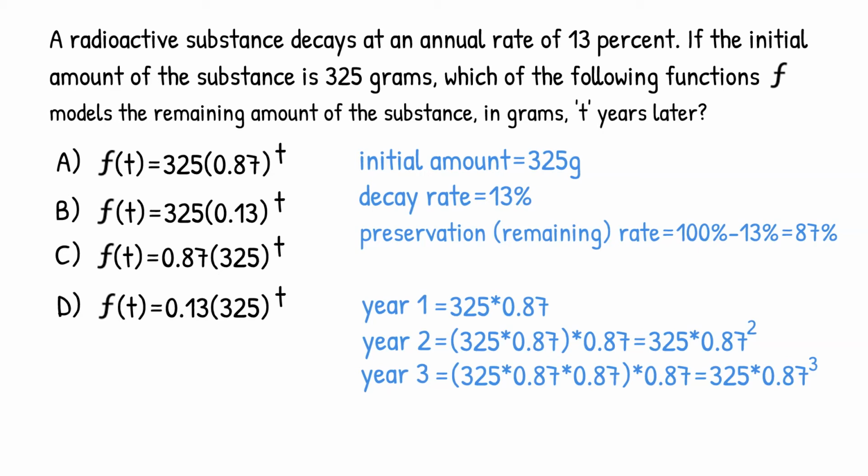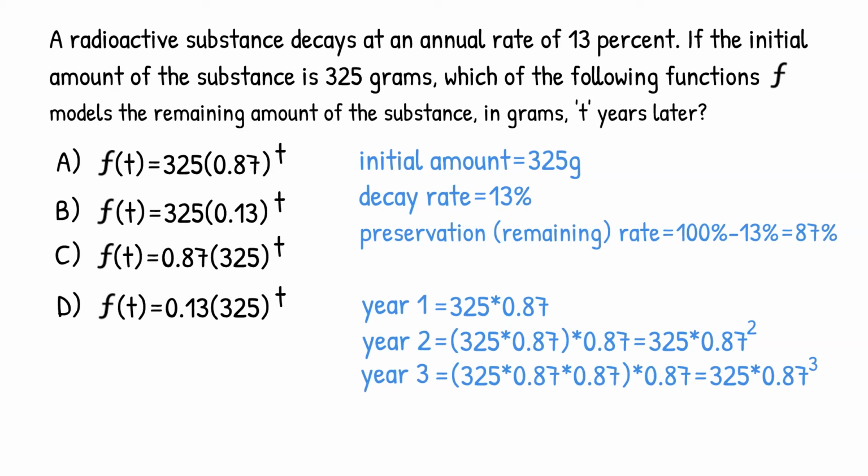Now let's reflect. In year 1, 325 was multiplied by the preservation rate of 0.87 once, in the first power. In the year 2, 325 has been multiplied by the preservation rate of 0.87 twice, or in the second power.